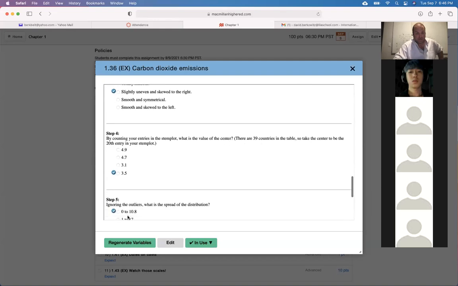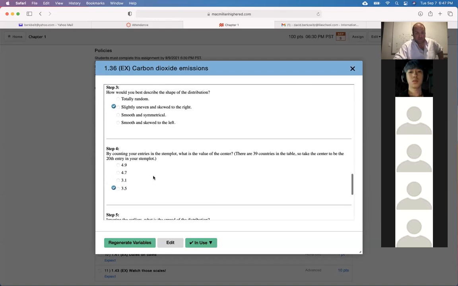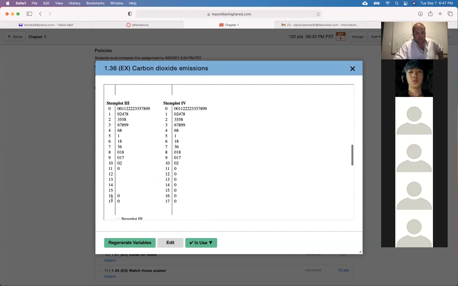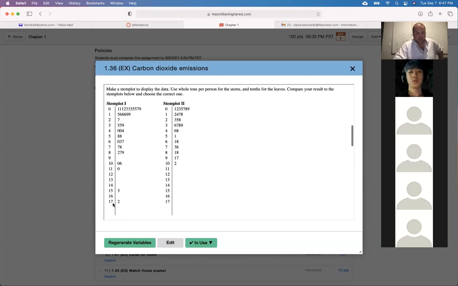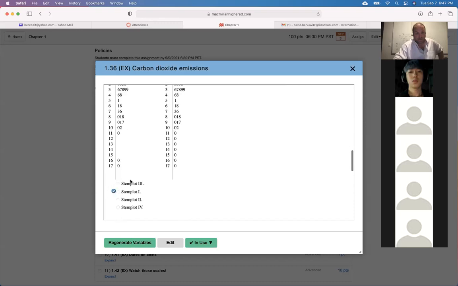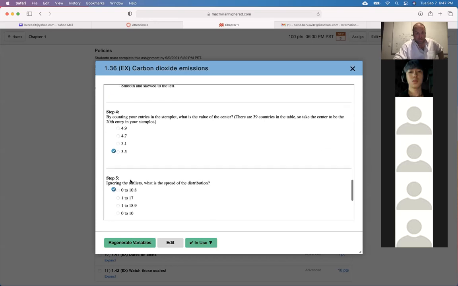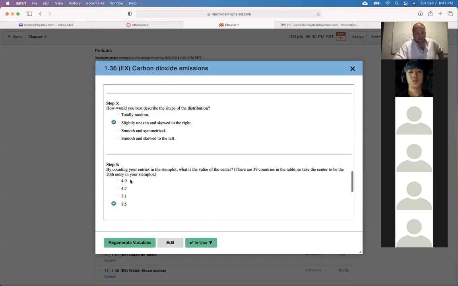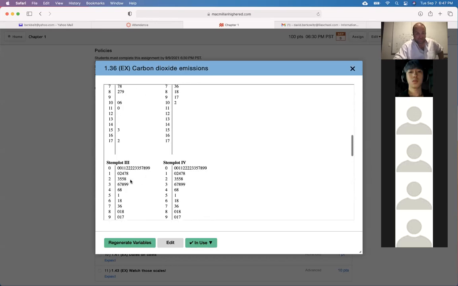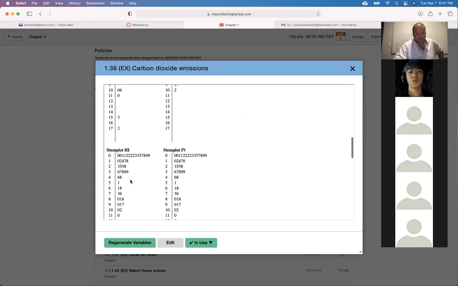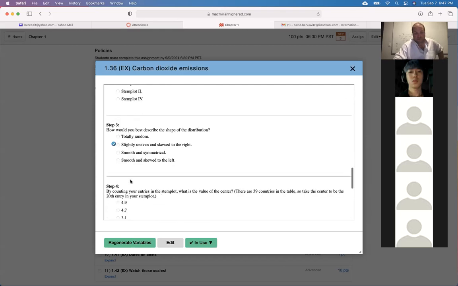And then ignoring the outliers, what is the spread of the distribution? Well, the outliers are most likely in these two here, which are way out. So according to this one, it'll be 0.1 to 11.0. But it says 0 to 10.8, which again does not correspond at all to the distributions. That's just nonsense.